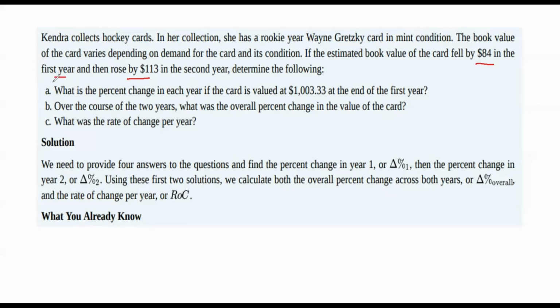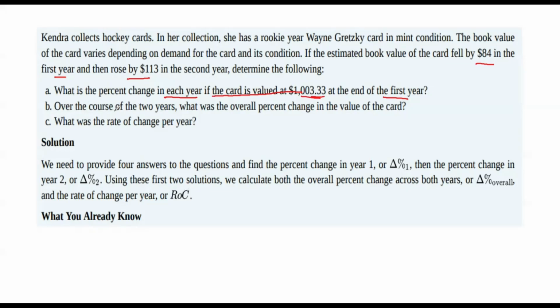They're asking us, what is the percent change in each year if the card is valued at this at the end of the first year? This is the old formula, not a new one, of rate of change over time. What is the percent change in each year? So they want you to take it piece by piece: first year, the second year.